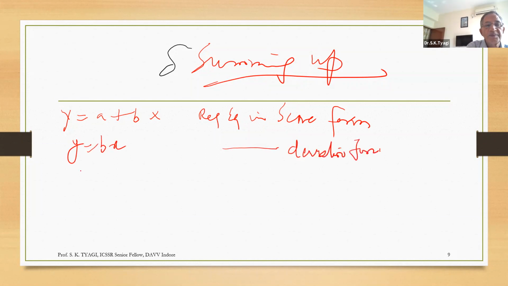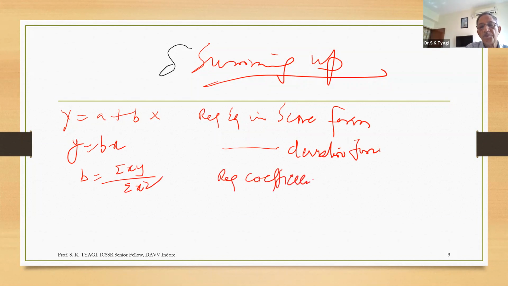Then b was sigma xy upon sigma x square. This is the regression coefficient, or regression slope. And a is y mean minus b into x mean. Once we know b, y mean and x mean, we can find out a.